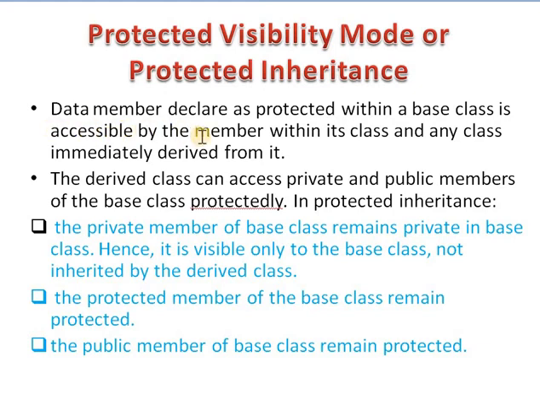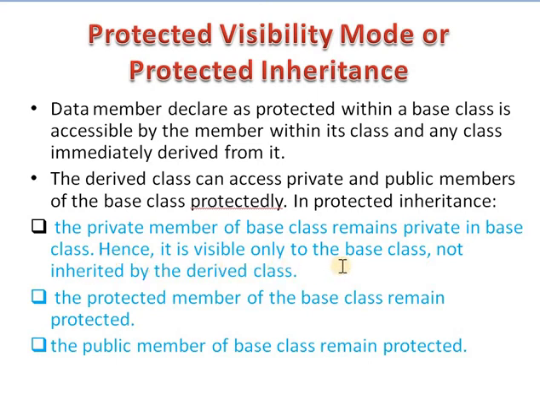That means data members declared as protected within the base class are accessible by the members within its class and any class immediately derived from it. The derived class can access private and public members of the base class protectedly. In protected inheritance, the private member of a base class remains private in the base class.